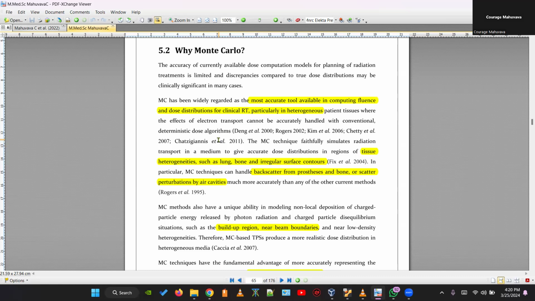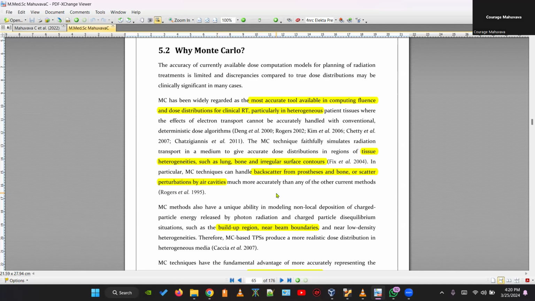In the radiation oncology class, we talk about tissue inhomogeneity and irregular surface contours, and this is usually a problem. There are several calculation methods that are used to compensate for irregular surface contour, for example.